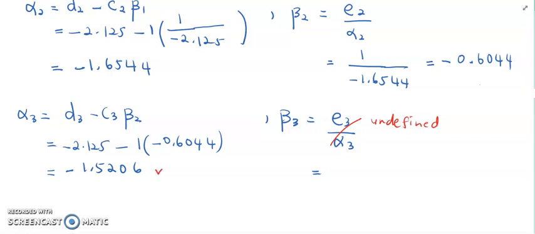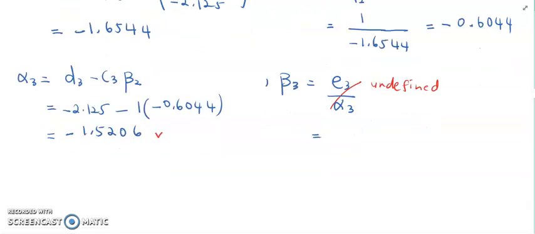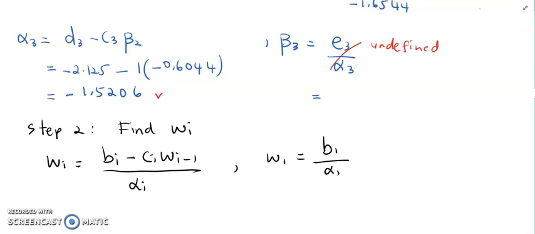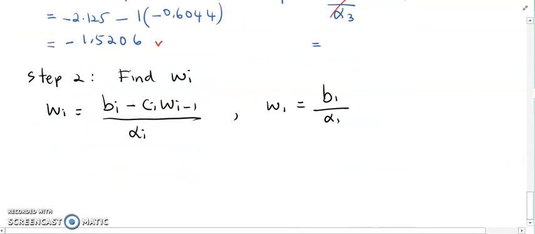Alright, for the second step, find the Wi values. To find Wi, we can use these formulas, which will also be given in your final exam paper, so no need to memorize them.